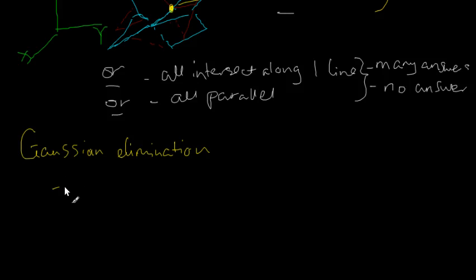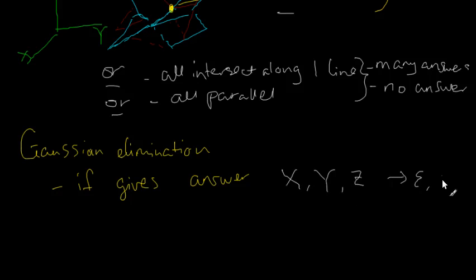So if Gaussian elimination gives an answer, so the answer for x, y, and z, okay, and from which we can find the emittance, the twist parameters, and so on. Okay, then this must be the correct answer.